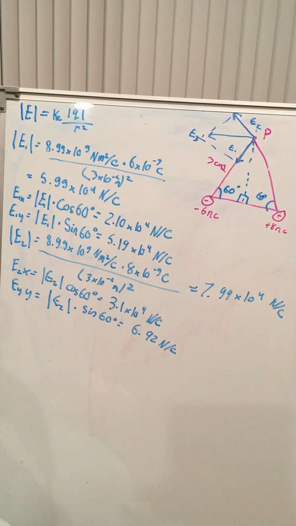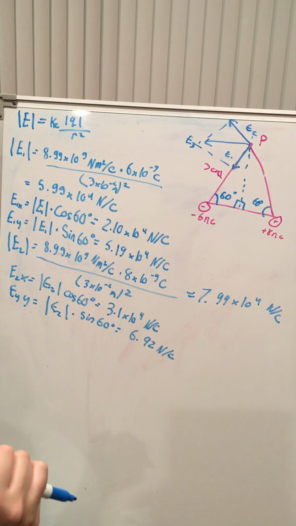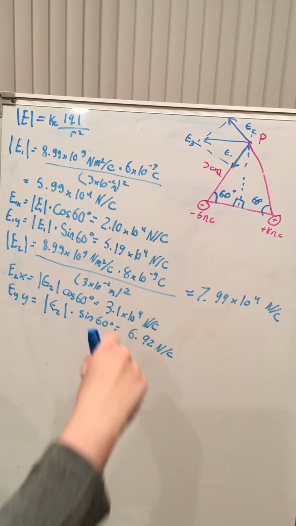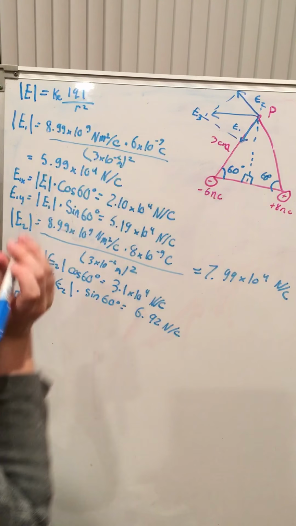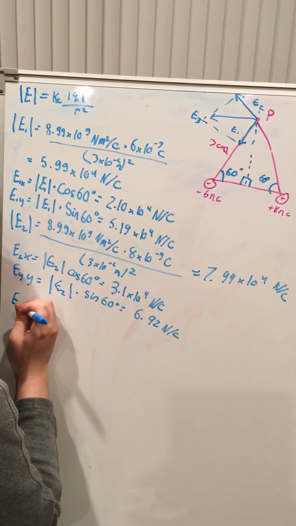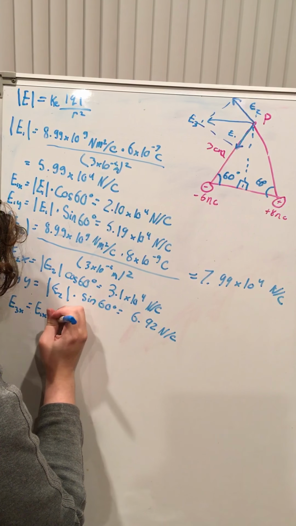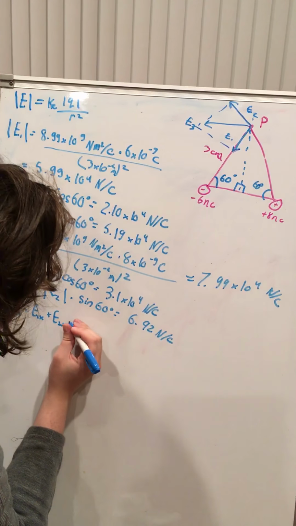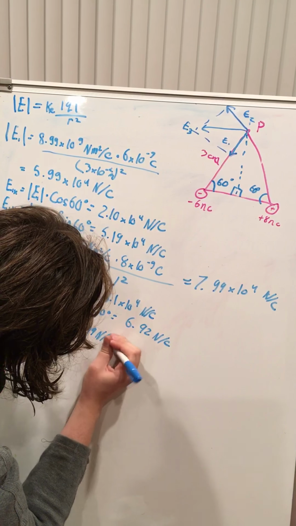We look at our drawing and we see that our x's are both going to the left, so they're both negative, but we're only interested in the value, so I'm going to call them both positive. And they're both the same, so we just add them directly together to get the x component of E3. So E3x equals E1x plus E2x, which equals 6.99 newtons per coulomb.